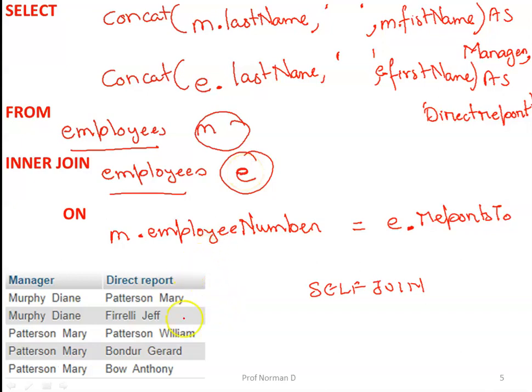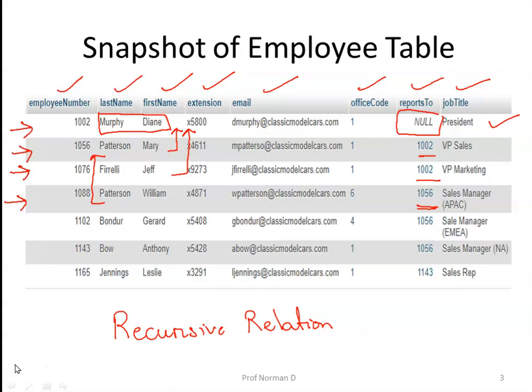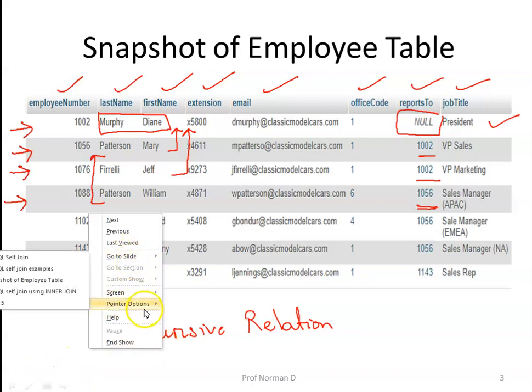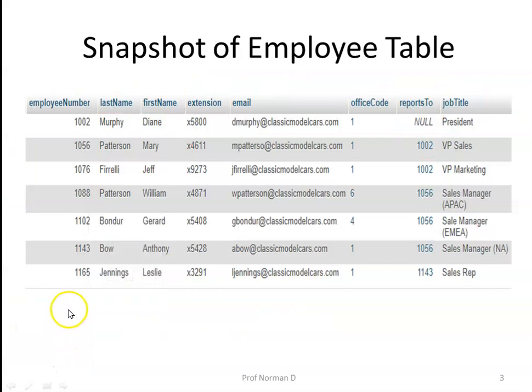So we go back to the sample snapshot. What it will do is pick up the first tuple, 1002, from the table M, and then again try to compare it with the table E, the same table.